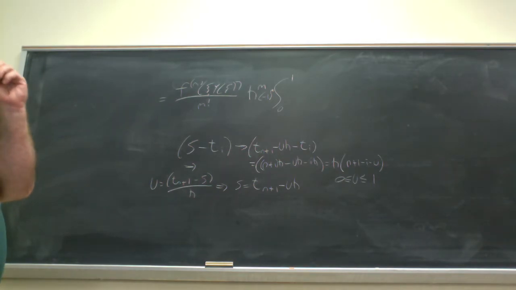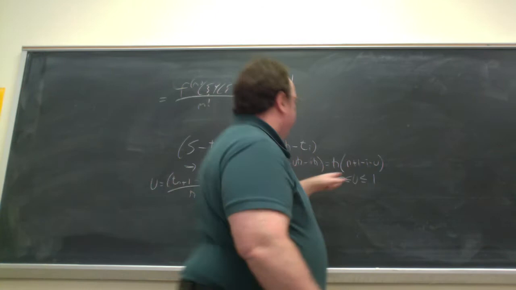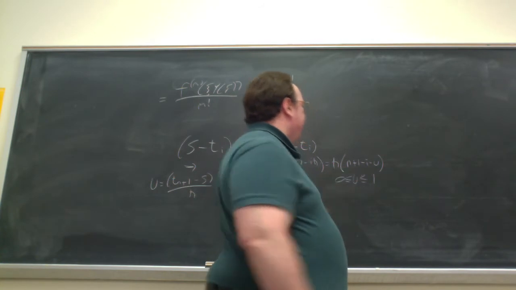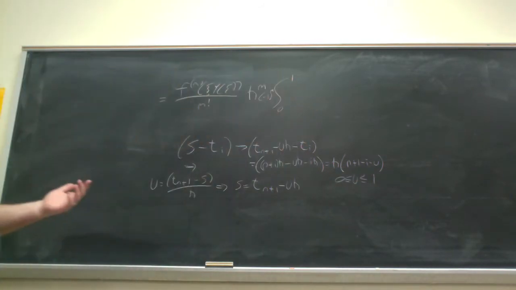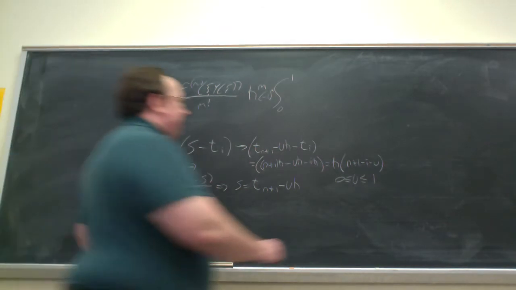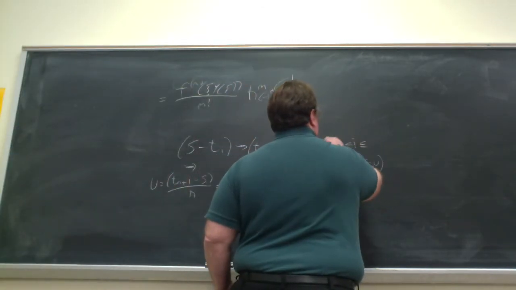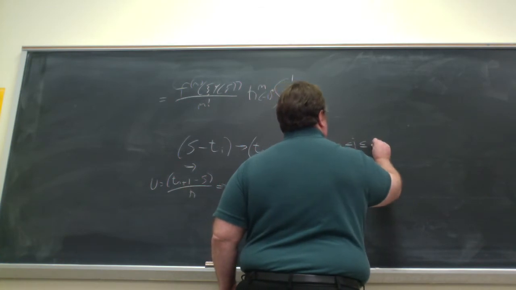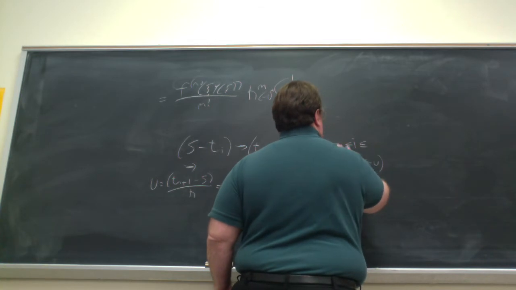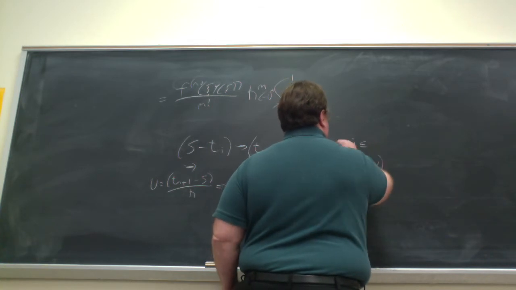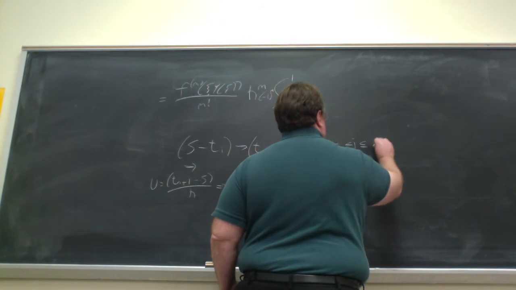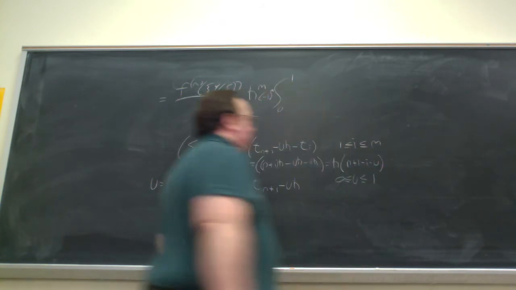So what we get as a result is n plus 1 minus i. Well, that's an integer because i goes from 1 to m.